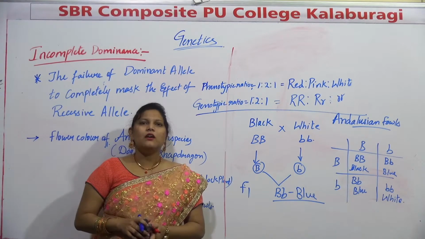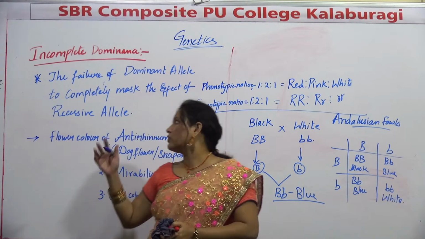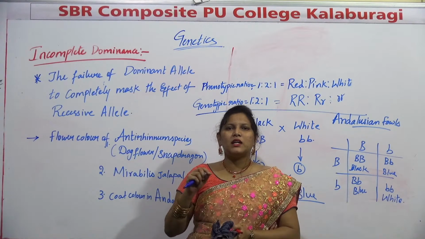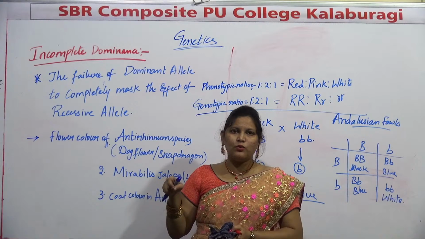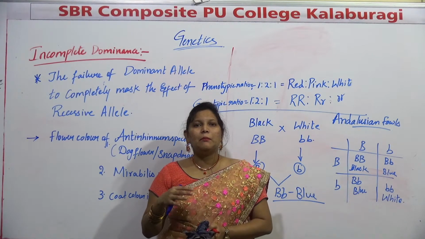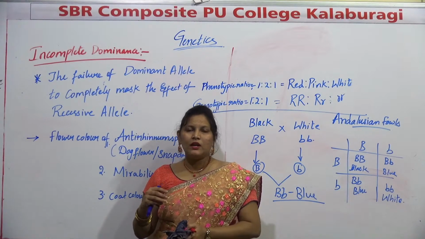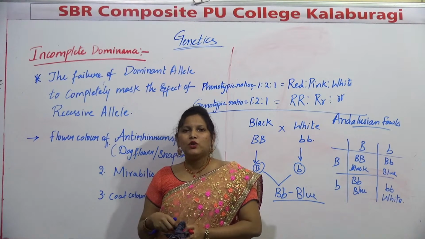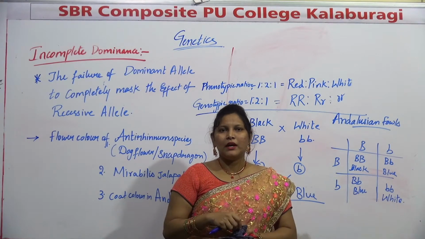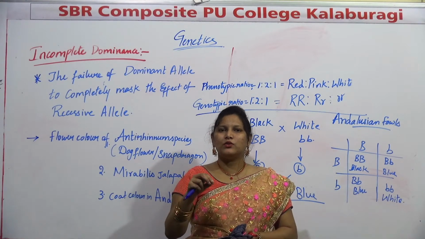Once again, see here, what is incomplete dominance? The failure of masking of the effect of the recessive allele by the dominant allele is known as incomplete dominance. In incomplete dominance, the phenotypic ratio is equal to the genotypic ratio, that is 1:2:1.